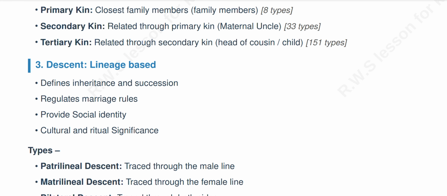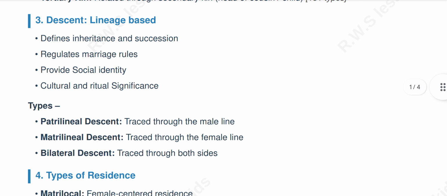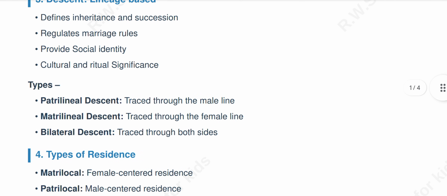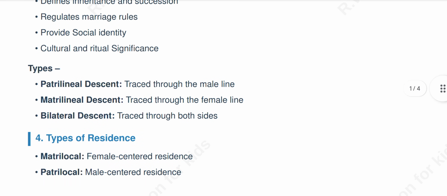And in a matriarchal society, the maternal uncle has a special right to take the responsibility of his sister's child. So these are the cultural and ritual significance. Now let's move on to the types.